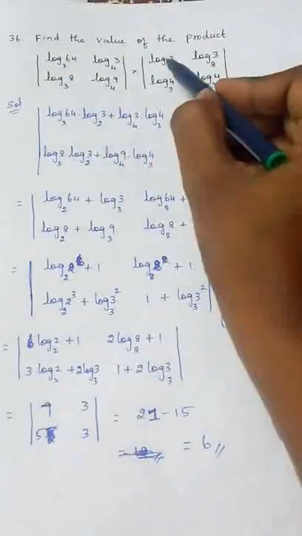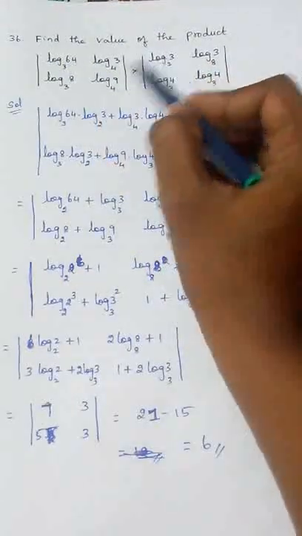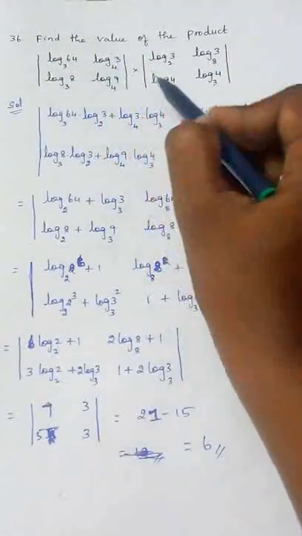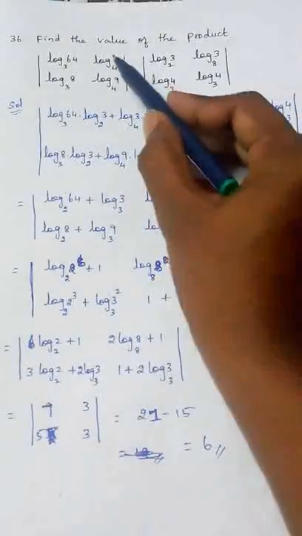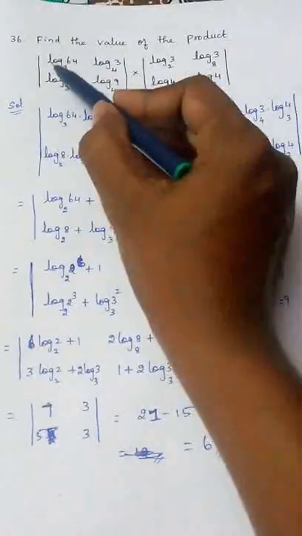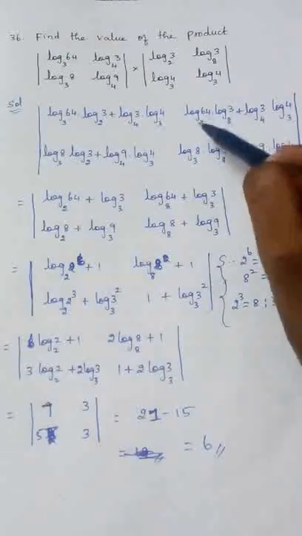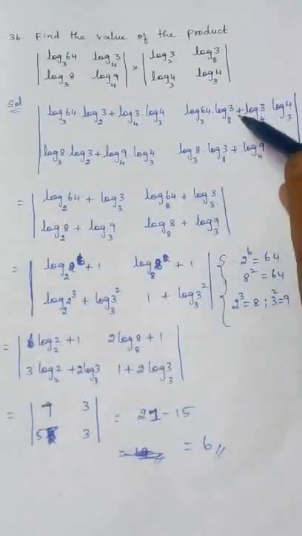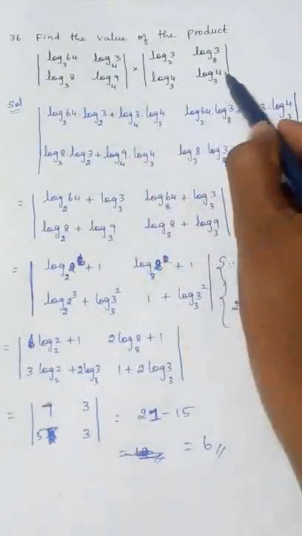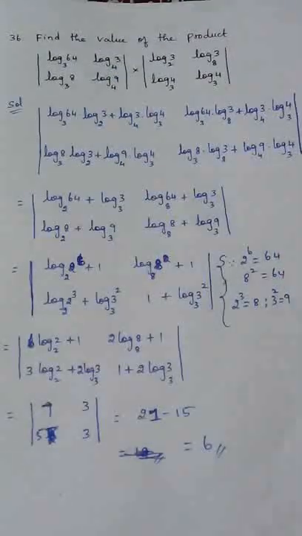So first row, first column: this combined with this, then this with this. So 2 terms plus these two. Similarly, first row, second column: the first term will combine with the first term, it comes like this, plus this and this together is written here.